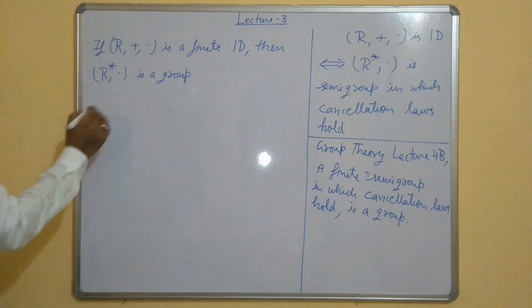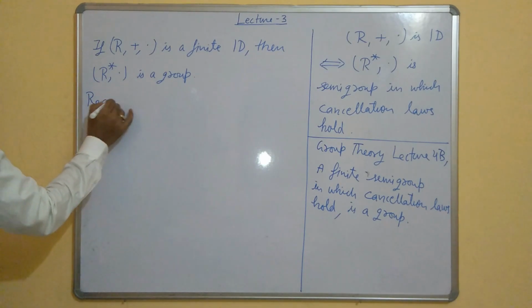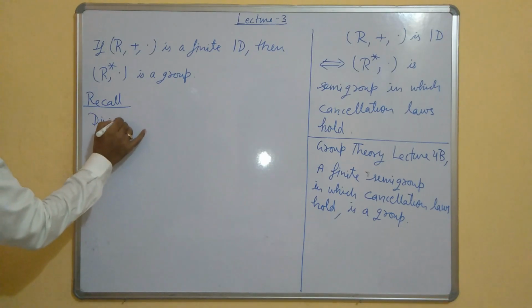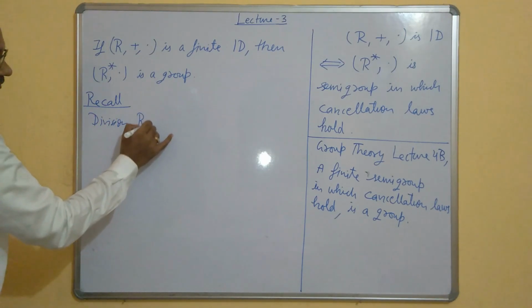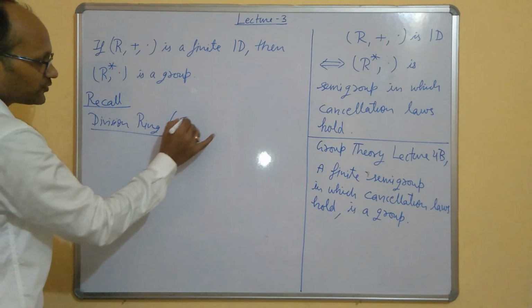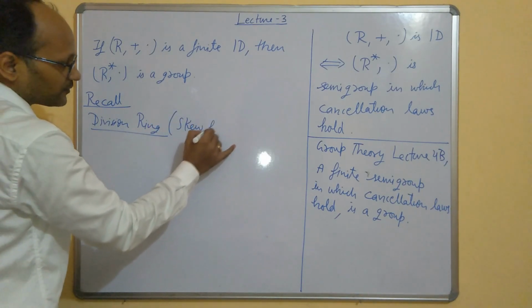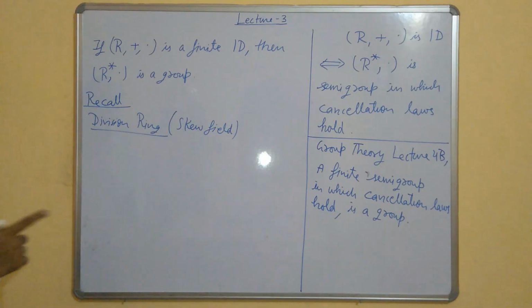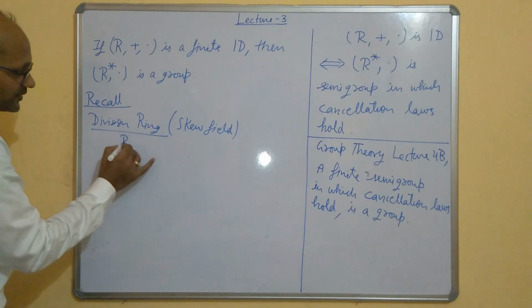Now, let us recall what is division ring. Division ring is also called skew field. Both are different names of the same thing.